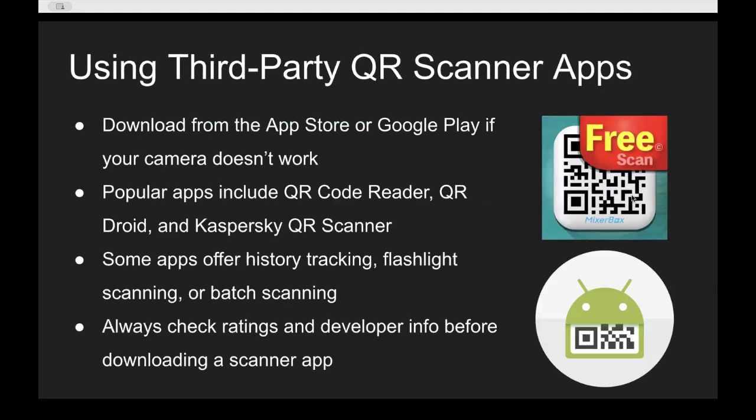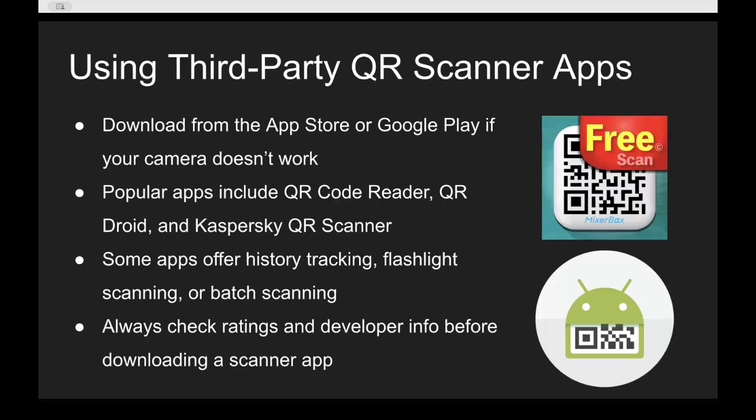Now, using third-party QR scanner apps. Ideally, your camera would work, but you would only use these QR scanner apps if your camera wouldn't work, and they can be downloaded from the App Store or Google Play. Popular scanner apps include QR Code Reader, QR Droid, Kaspersky, and QR Scanner. Some apps offer history tracking, flashlight scanning, or batch scanning.